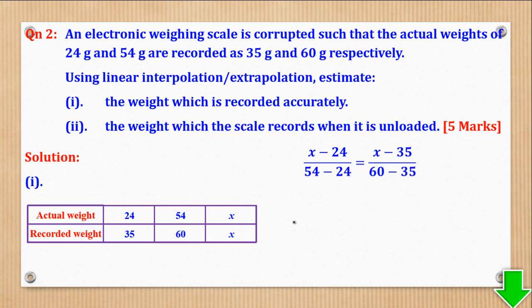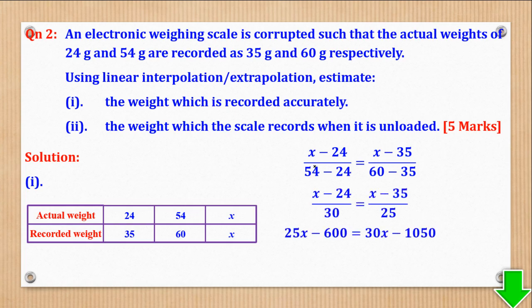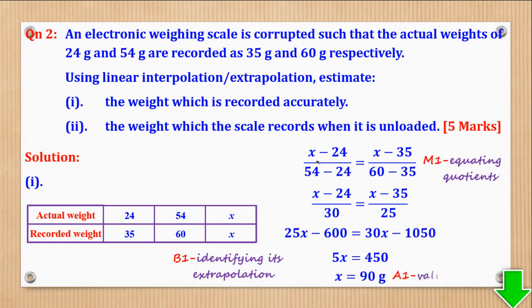After that, you can equate the quotients, cross multiply, collect like terms, and get the value of x. And that's what they wanted in Roman 1. Then for Roman 2, they want the weight which the scale records when it is unloaded.